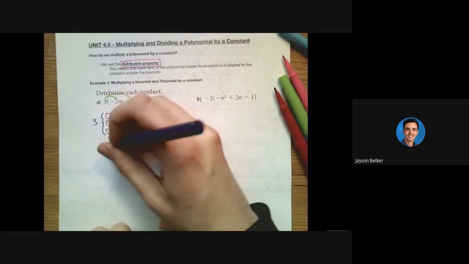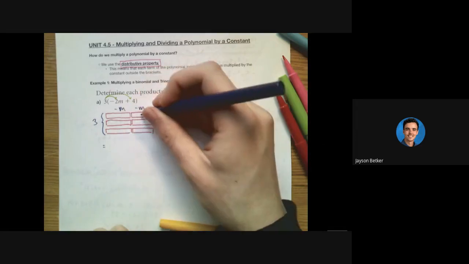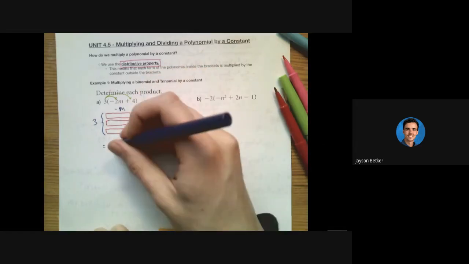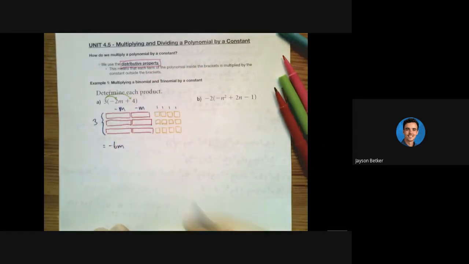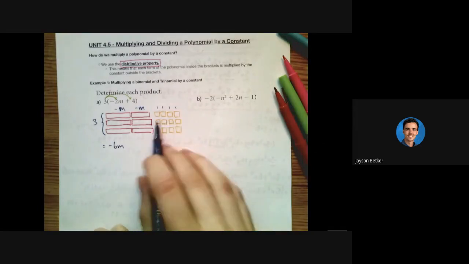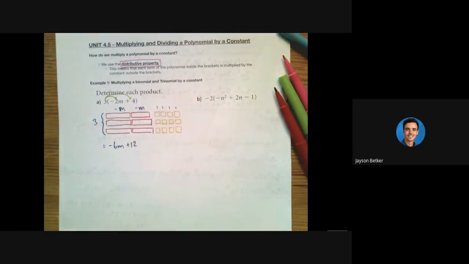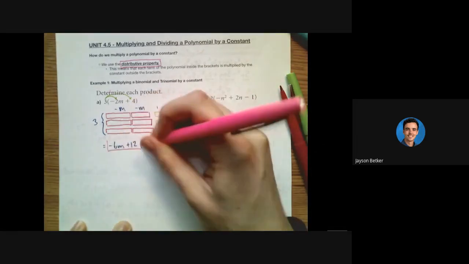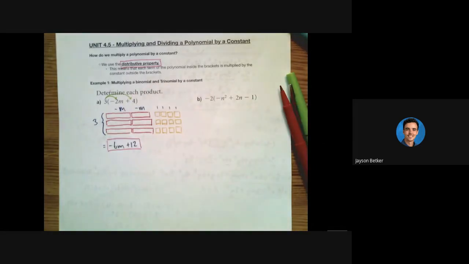Our final answer will be negative 6m plus 12. So 3 times negative 2m plus 4 is equal to negative 6m plus 12. There's our answer.